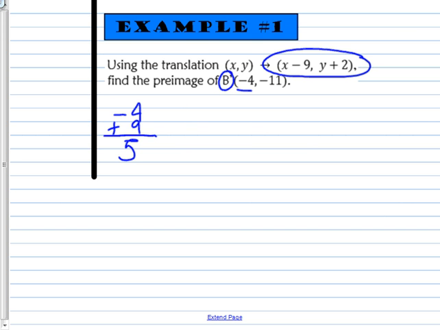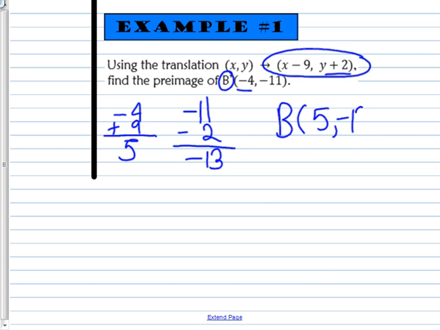And then negative 11 is my image y coordinate, and again I need to work backwards from that positive 2, so I'm going to do a negative 2 instead. Negative 11 minus 2 is negative 13. So the coordinates of my pre-image are (5, -13).